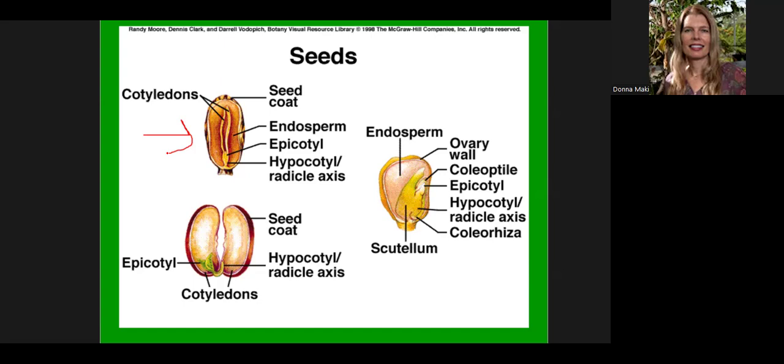Some seeds are more like what you see on the bottom here, where the way the artist drew this, there's no endosperm. It's not there. What they tend to see is that the cotyledons kind of suck away all the endosperm nutrition, and they're the ones saying, I'm going to feed you, not the endosperm.